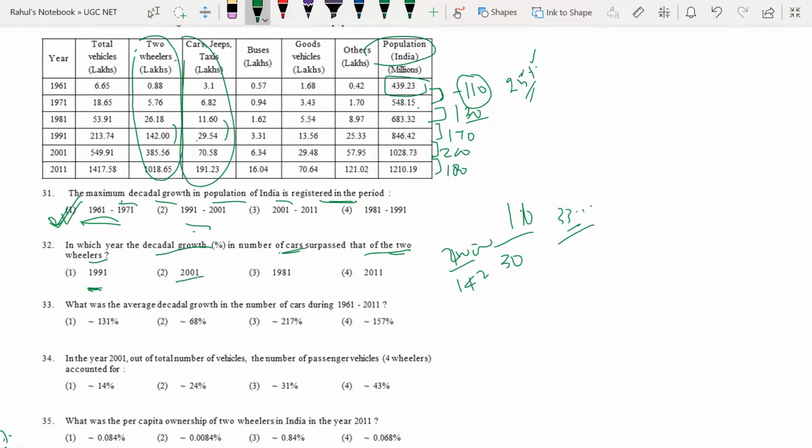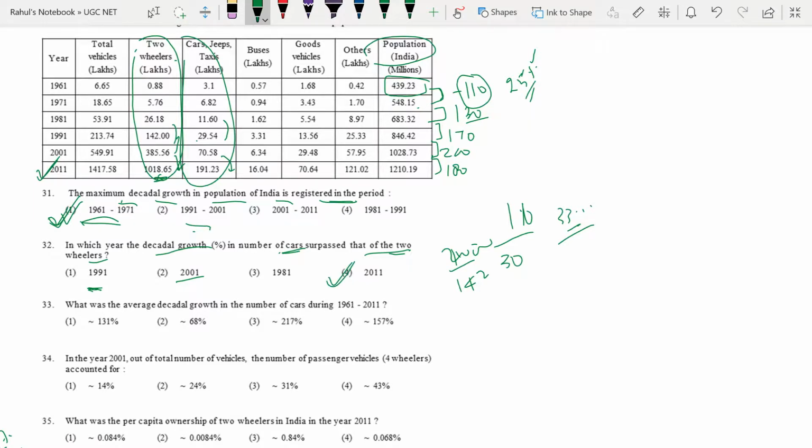In 2001, what you need to do, you just need to do present value with the previous value and need to compare it. So if you will observe here in 2011, here is a growth from 70 to 191, but here it is a growth from 385 to directly 1018. So in 2001, decadal growth of the two-wheelers is much more compared with the cars.